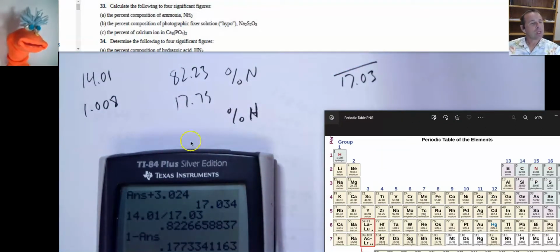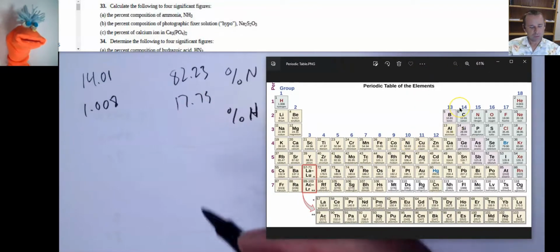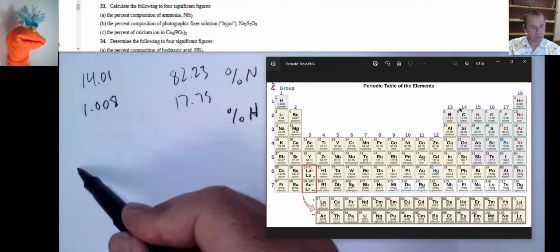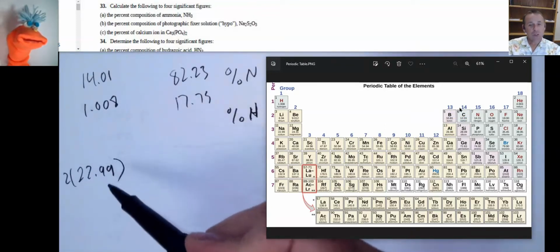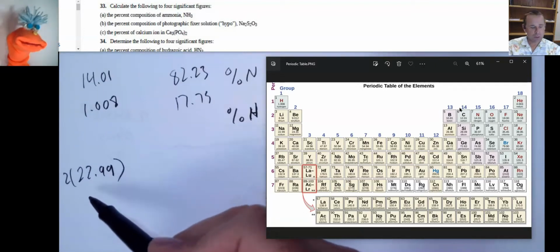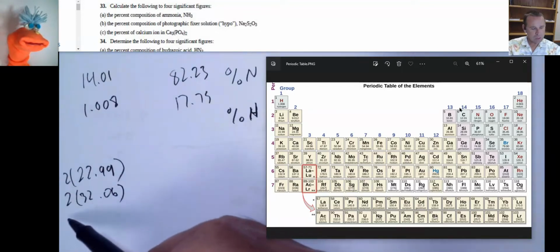Okay. And then the next one, the percent composition of sodium thiosulfate. So let's see, what's the molar mass? We have sodium, 22.99, 2 of those. Sulfur, 32.06, 2 of those. And then 3 16s.